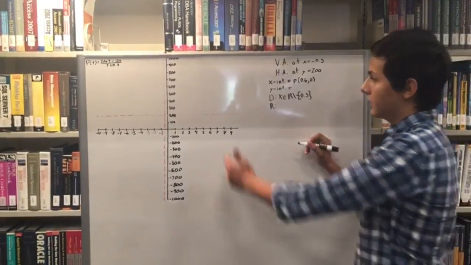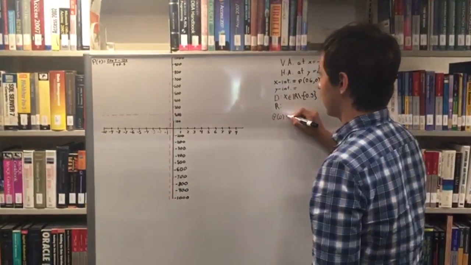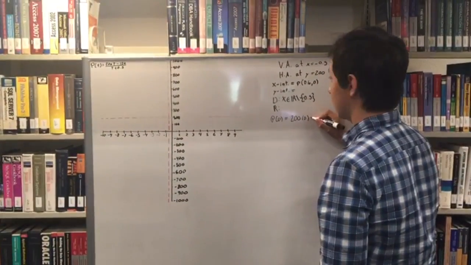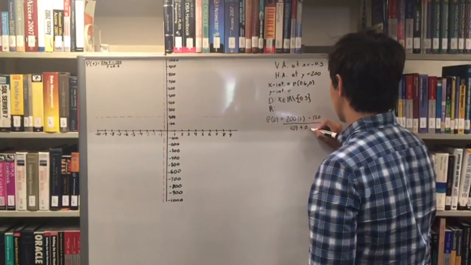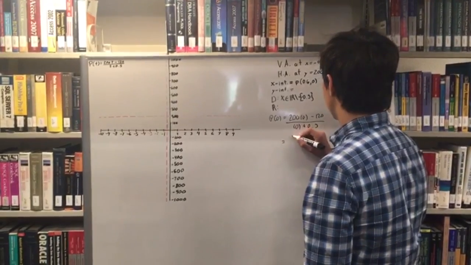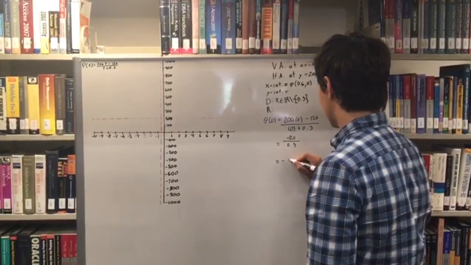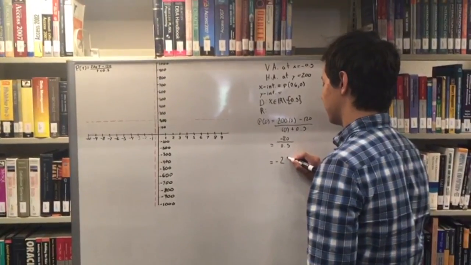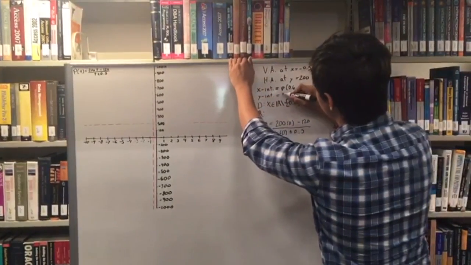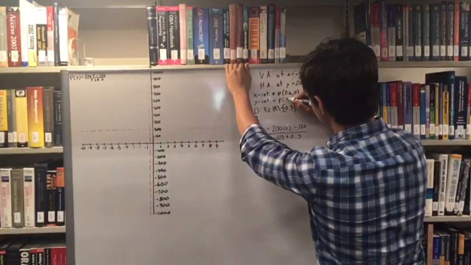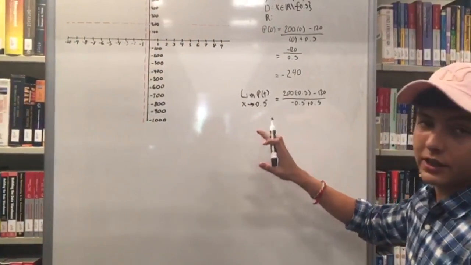So to get the y-intercept, we evaluate at t equals 0. So we get this, and the y-intercept equals this. Then we need to get the limits.